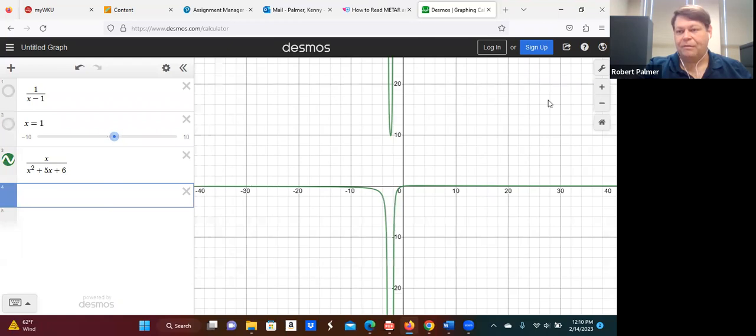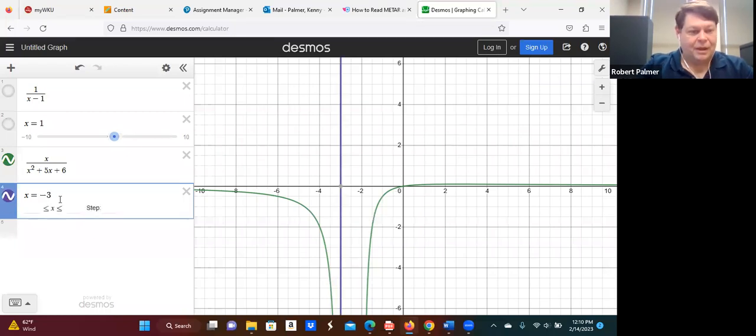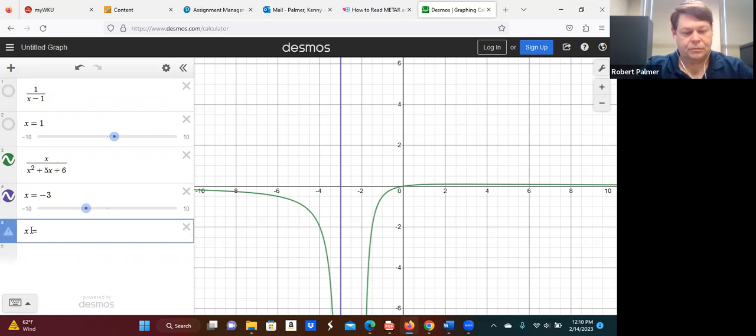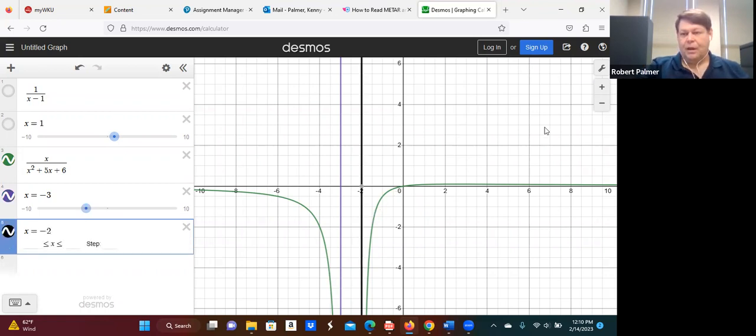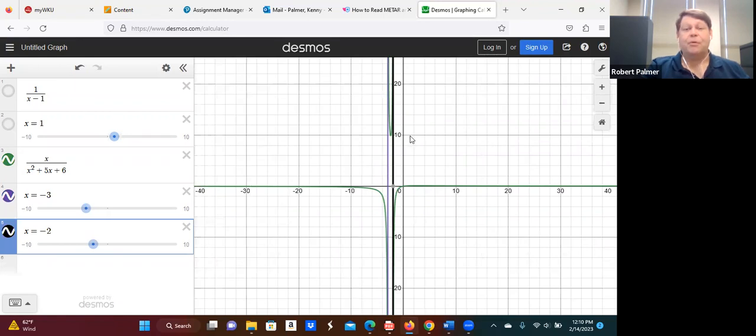Yeah, so here's the rest of that graph. We didn't see it at first, but let's get our asymptotes. Let's plot those, x equals -3 and x equals -2. So it approaches a different way, definitely, but as you can see, it approaches both here and there. And it gets as close as possible to those lines without ever actually touching them.